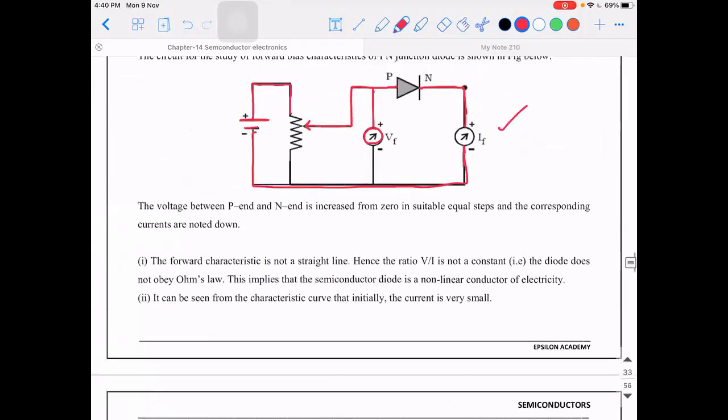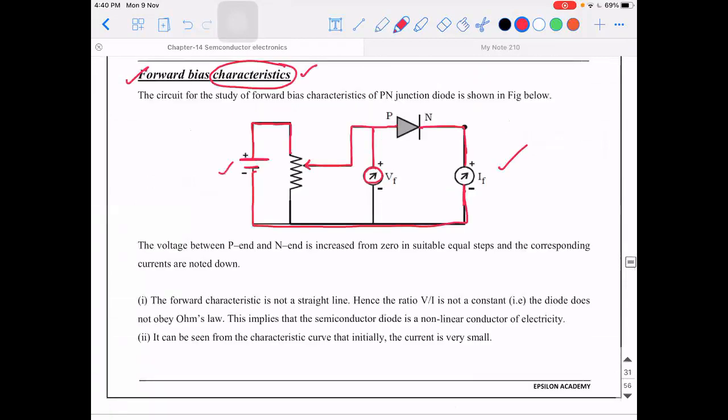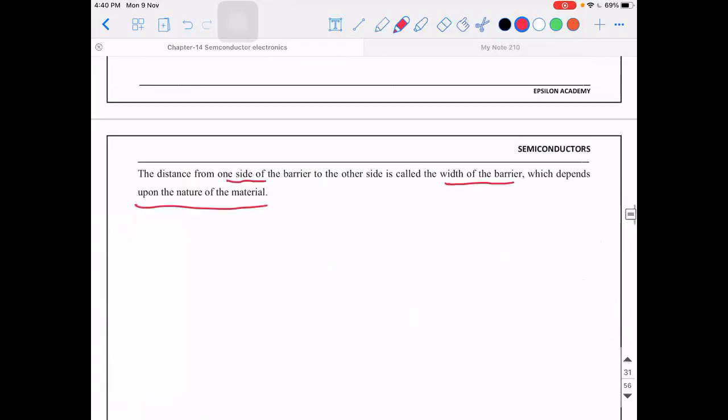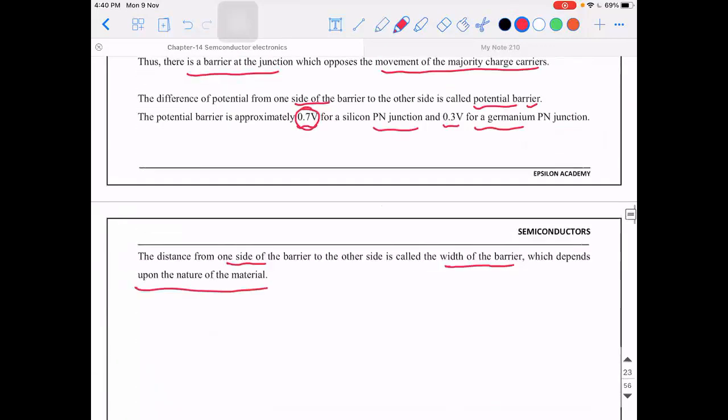So understand, guys. Here what will happen is, if you keep increasing the potential, you have an external potential, right? Suppose this PN junction diode is made of silicon. Then what is the barrier potential it is going to have? 0.7 volt for silicon.